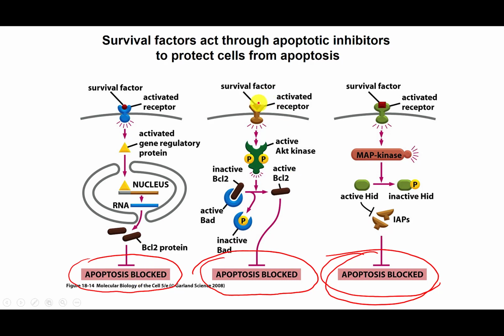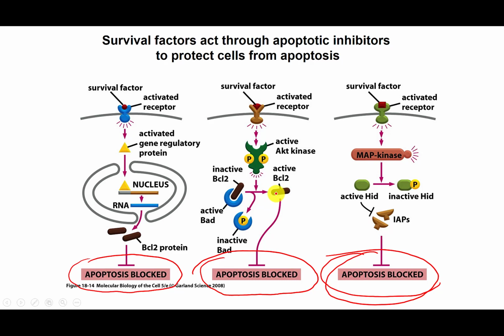Another example is survival factors may activate a particular receptor, which eventually leads to the phosphorylation of AKT kinase. AKT kinase is active when it's phosphorylated. Now, check out what's happening here. BAD normally stops BCL2, but if AKT phosphorylates BAD, it actually inactivates BAD, then BCL2 will be activated.